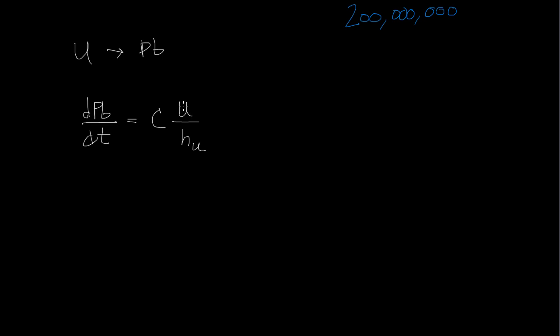Now, in fact, the concentration of uranium changes, but since the half-life is so long, if the age of the rock is relatively short compared to the half-life, we can consider this more or less a constant. And then we have the same problem we had before. We just have everything on the right-hand side is a constant.